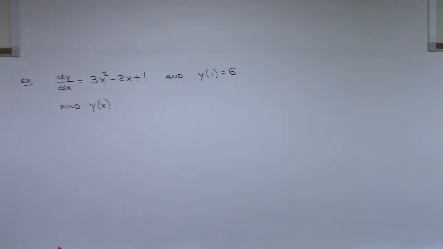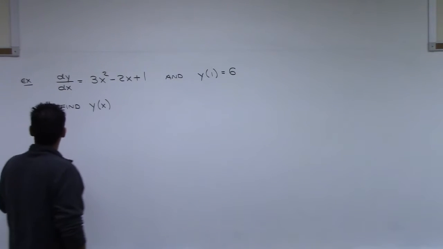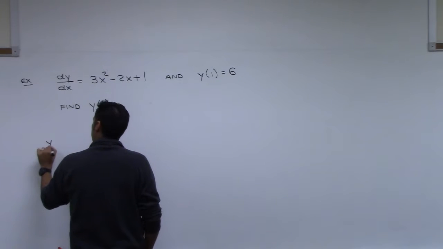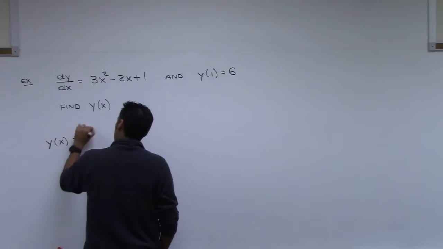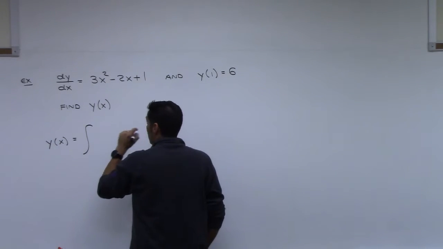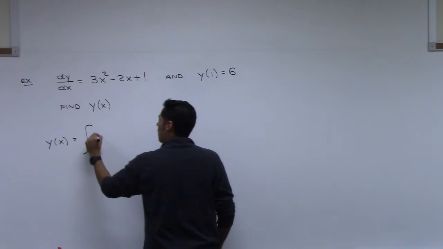All right, so where should we start? Find the antiderivative, right? So if I want to know what y of x is, what I need to do is take the antiderivative of this, right?